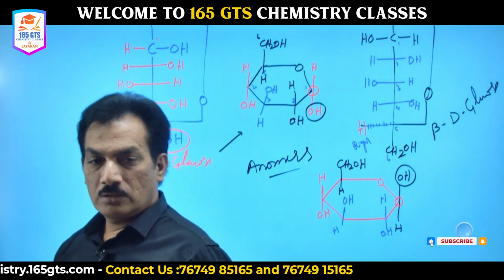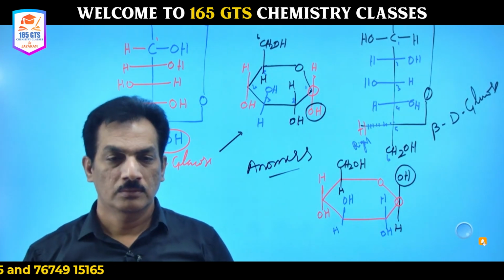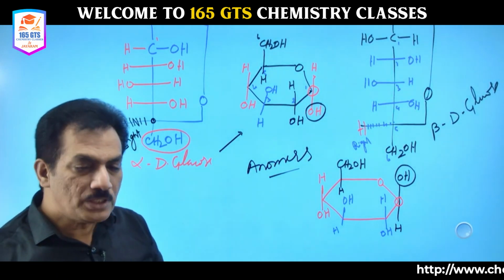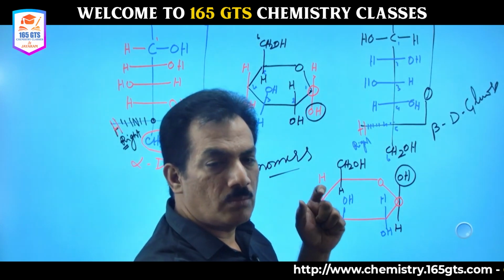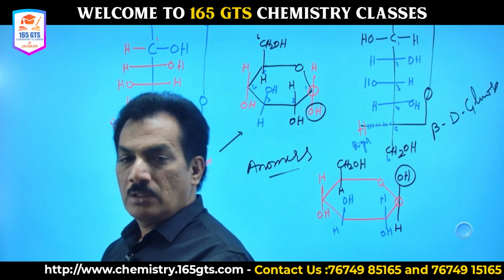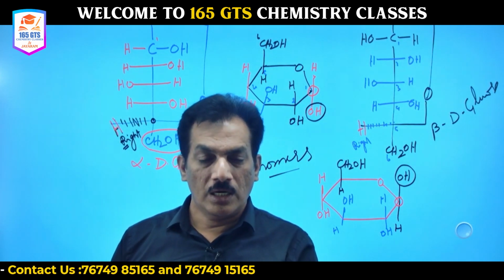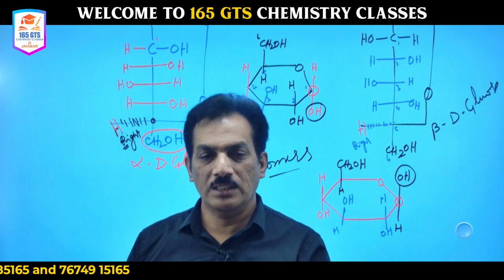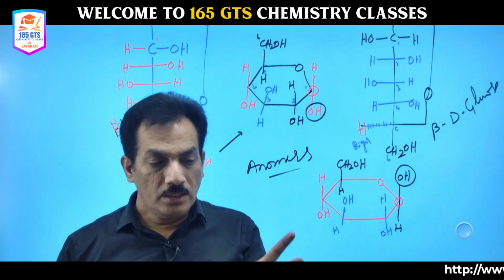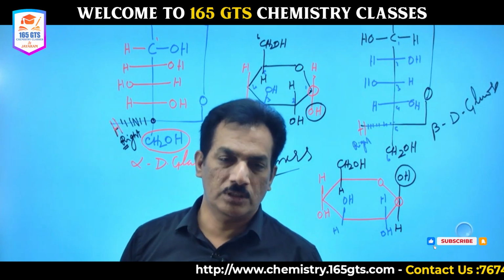I think you got a thorough idea about the structure of glucose. First of all, from experimental results, we established the open chain structure given by Baeyer. Thereafter, this open chain structure gives results with different reagents, but with some reagents like sodium bisulfite and Schiff's reagent, it does not respond. And a peculiar phenomenon called mutarotation is observed.